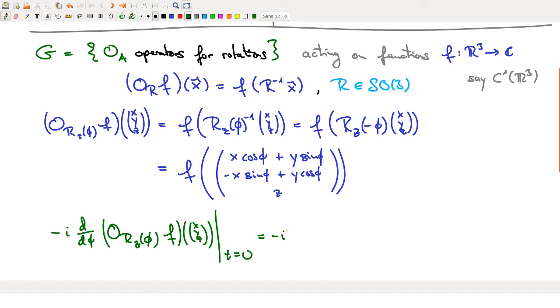So if we take the derivative with respect to phi, we have to take the derivative of f with respect to the first and the second argument and use the chain rule. So we get what?